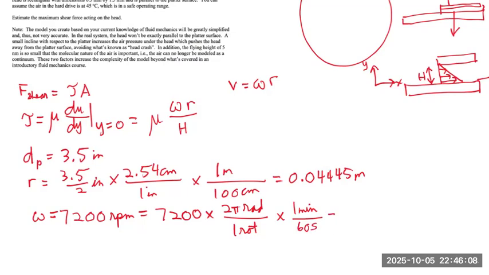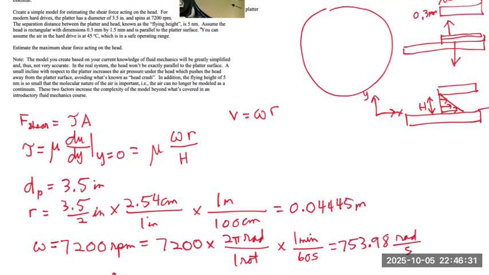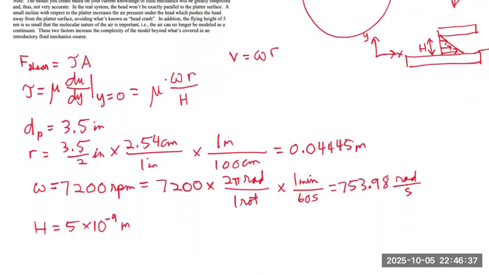So this will give us 753.98 radians per second. And h is the flying height, which is going to be 5 times 10 to the negative 9 meters, because as we see over here, the flying height is equal to 5 nanometers.